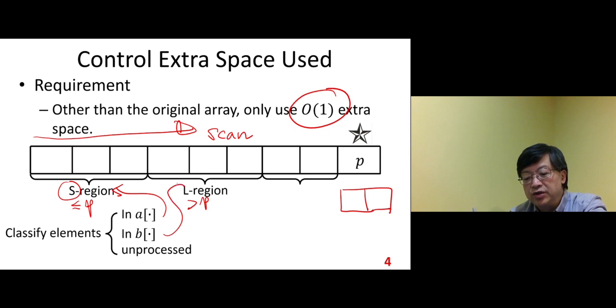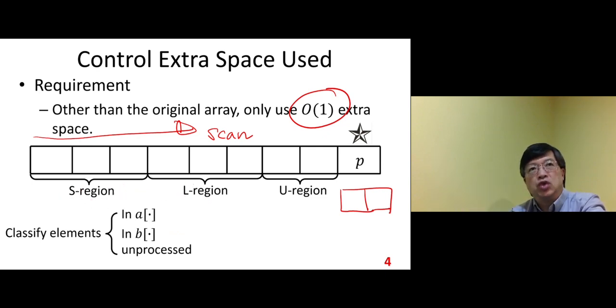So the B array should go to the L region. Unprocessed: the U region, because we haven't processed these elements. So you can see we use these three regions to manage all our array elements.